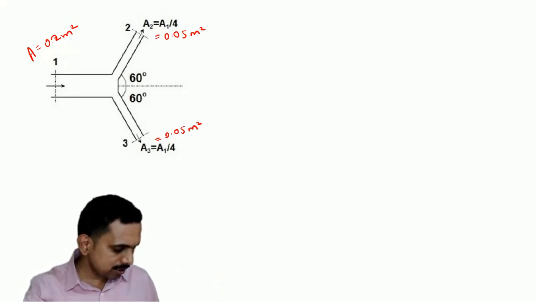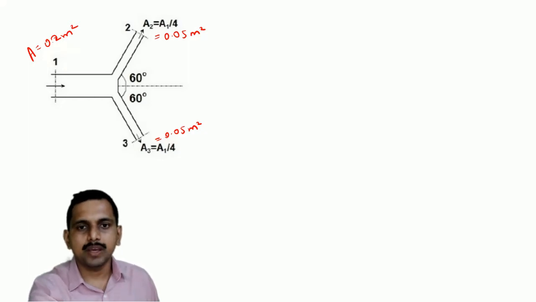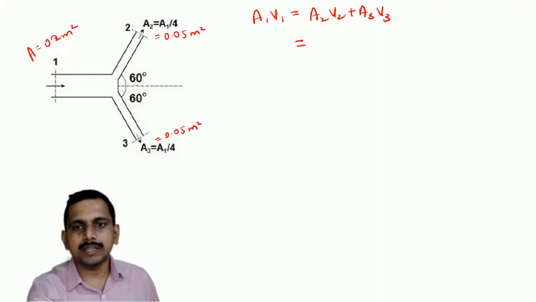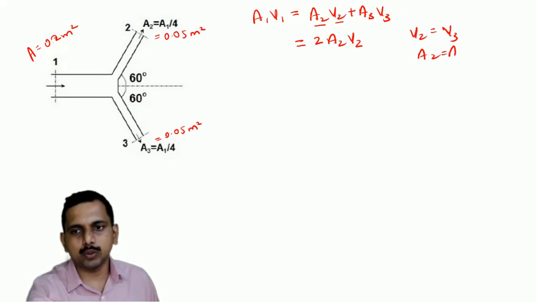So A1 V1 is equal to A2 V2 plus A3 V3. Now because it is symmetrical, A2 and A3 are the same, so I can say 2 times A2 V2, because V2 is equal to V3 since A2 is equal to A3.